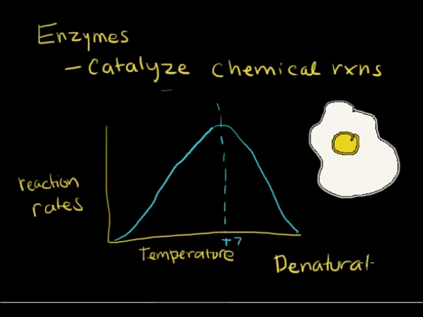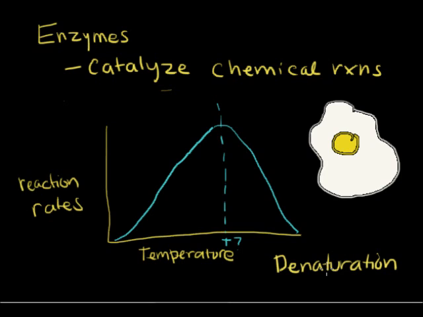Denaturation. Okay, so denaturation is caused by high temperatures. Also, it's caused by extreme pHs, acidity and basicness, or alkalinity. High pH or low pH, depending on the protein, can also cause this denaturation.